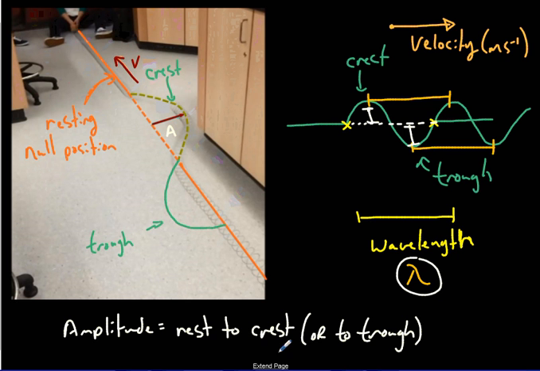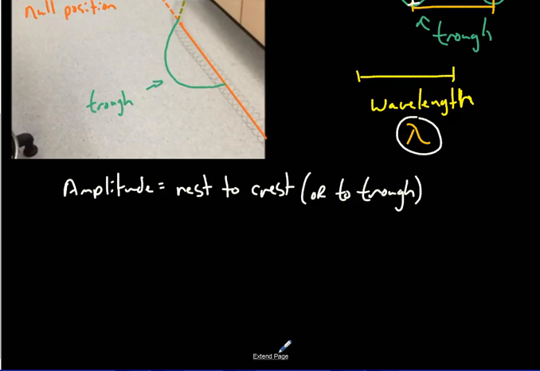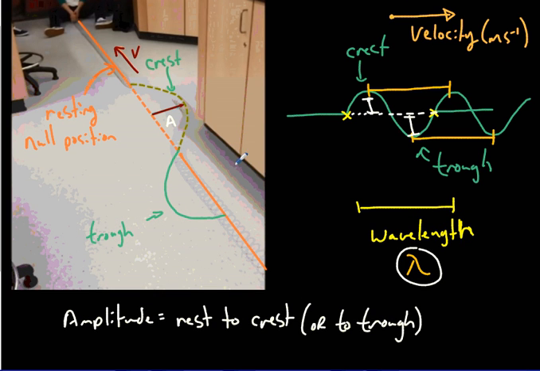Okay, so some things to note. Once the wave has passed, as it has over here, okay, so this wave has already gone by in this direction, you notice that the medium returns to its null position, okay? So in other words, there is no transfer of medium when a wave goes by. It's a disturbance in the medium. In fact, it's a transfer of energy through the medium.